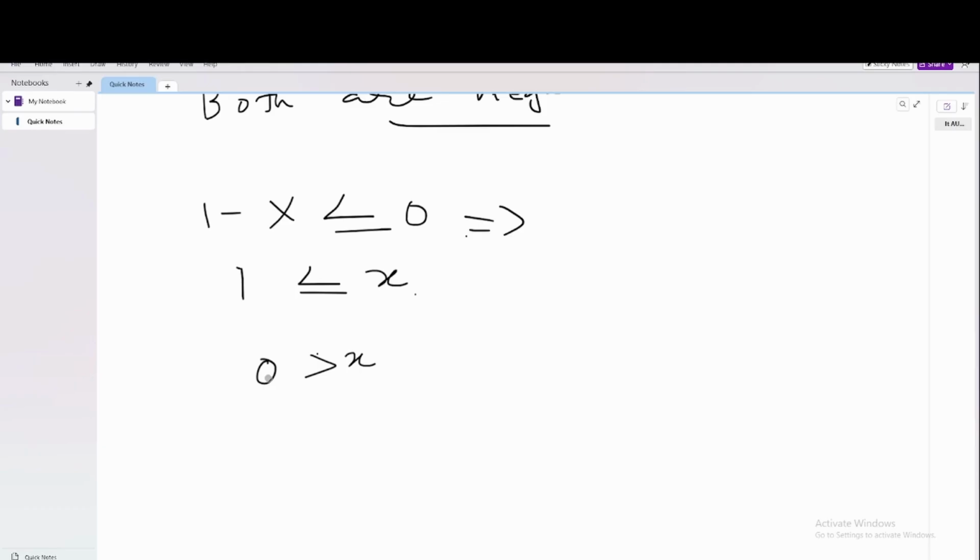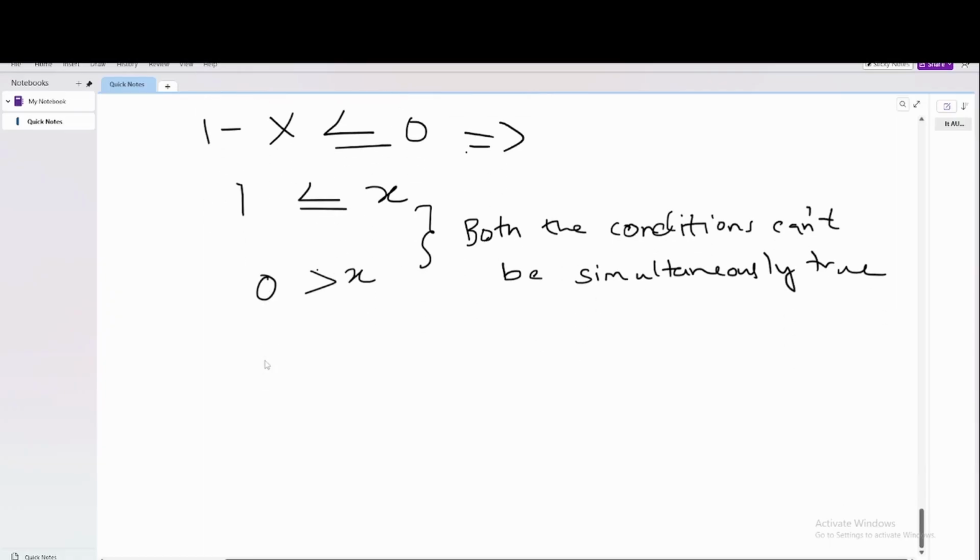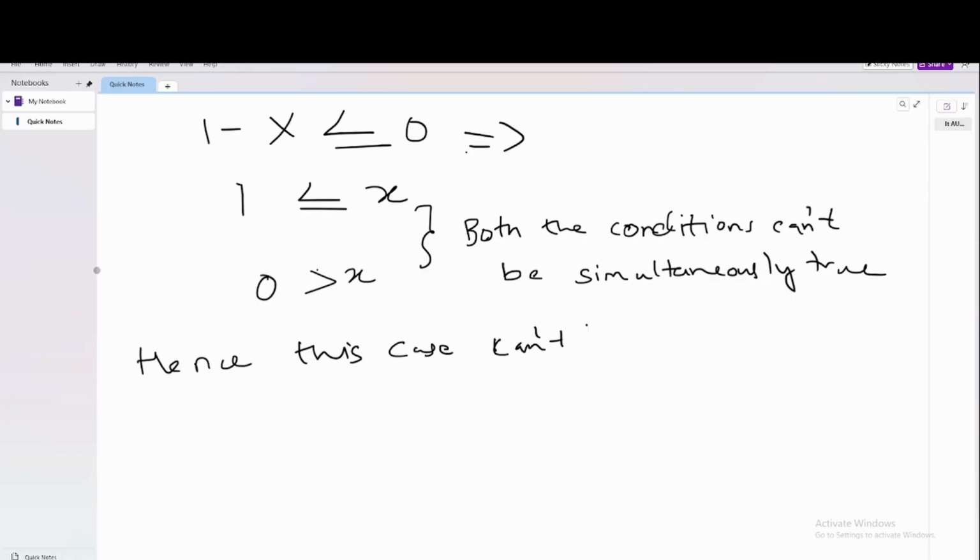Both the conditions cannot be simultaneously true.